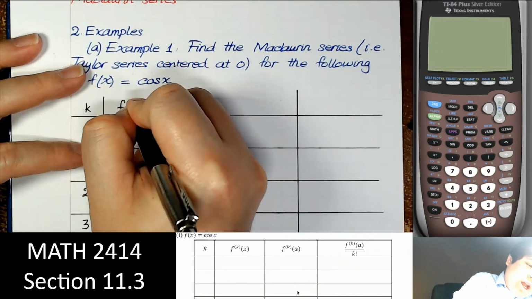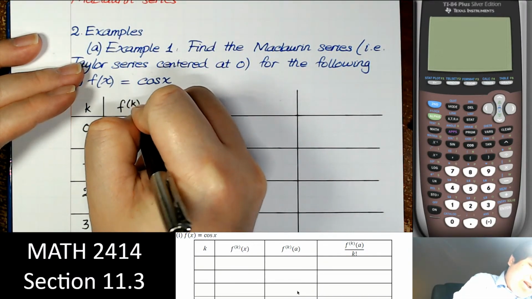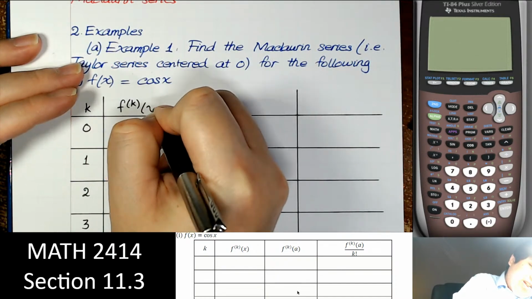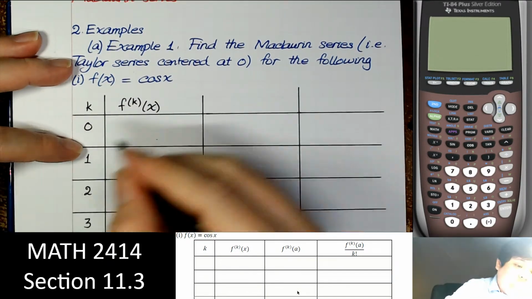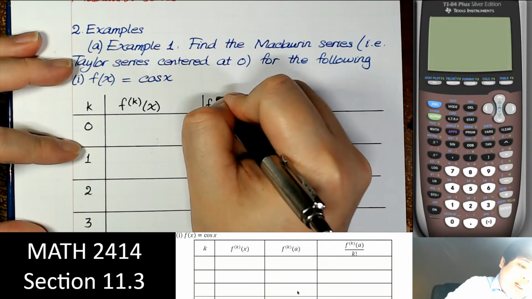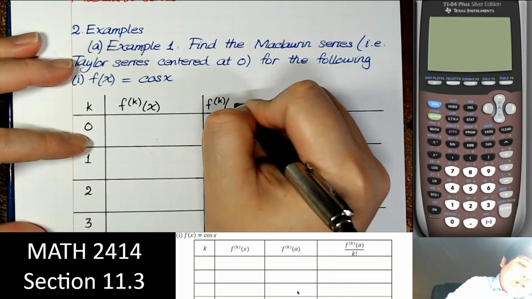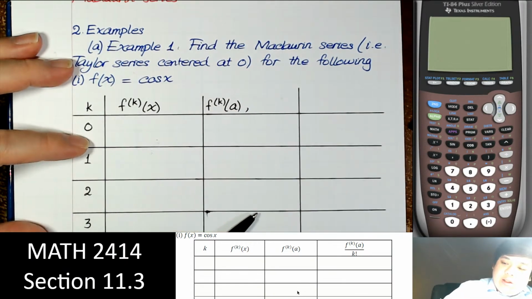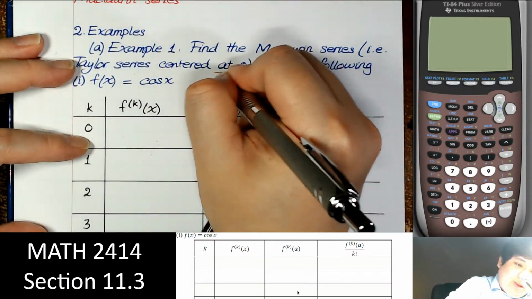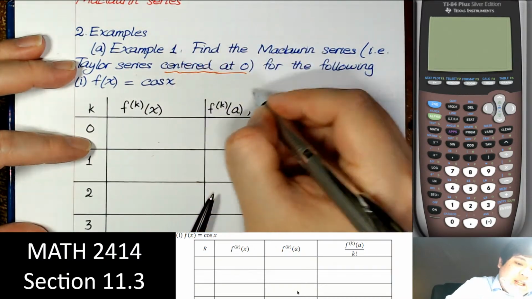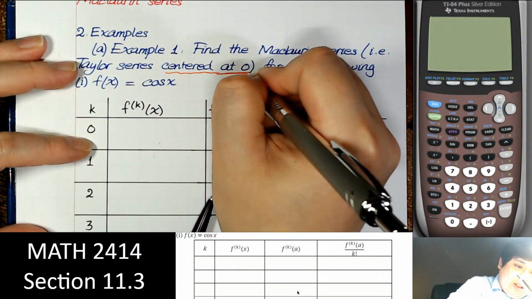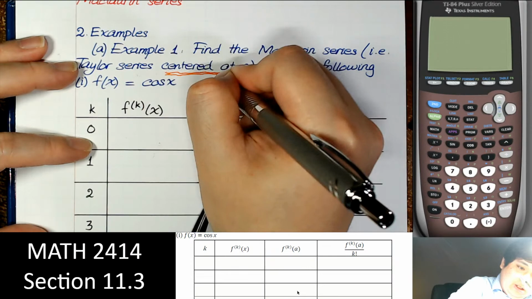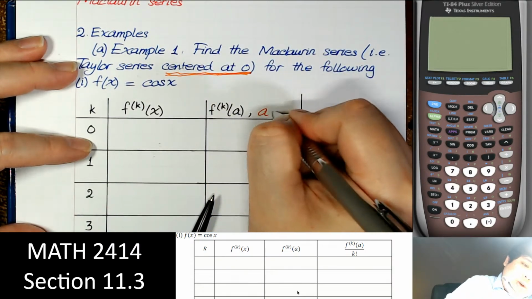First, we have the k-th order derivative, and then the k-th order derivative at the point a. In this particular case, the center is 0, so a equals 0.